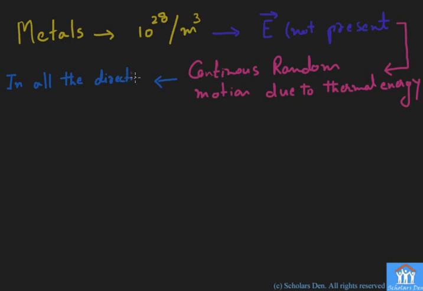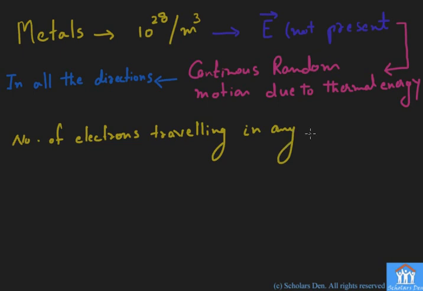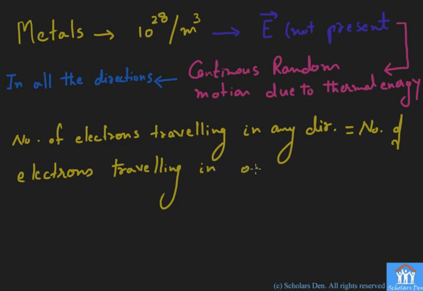So from here we can say, on an average, the number of electrons traveling in any direction is equal to the number of electrons traveling in the opposite direction.